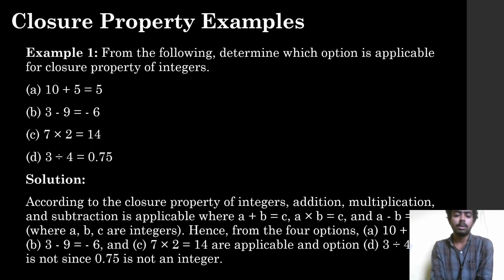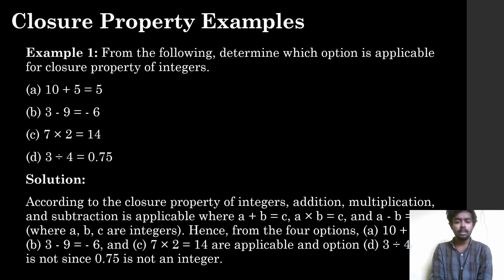Closure property examples. From the following, determine which option is applicable for closure property of integers. A: 10 plus 5 equals 15. B: 3 minus 9 equals minus 6. C: 7 into 2 equals 14. D: 3 divided by 4 equals 0.75.